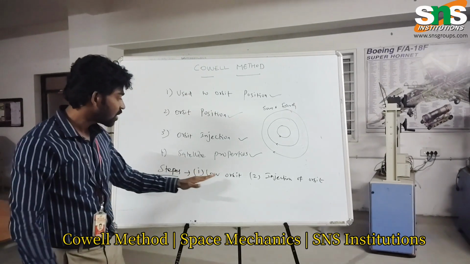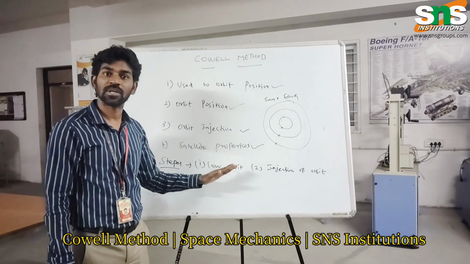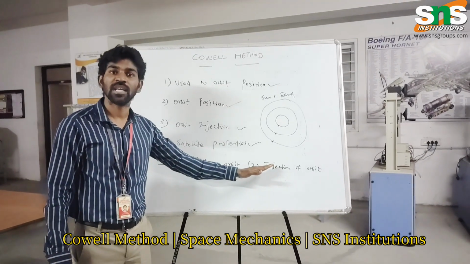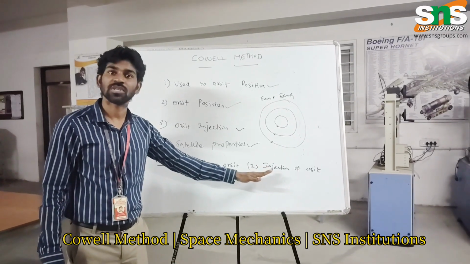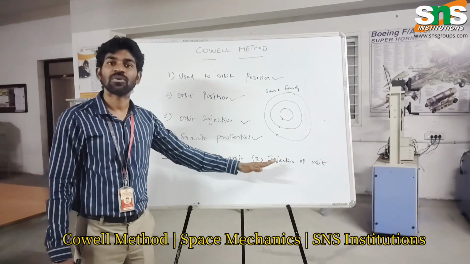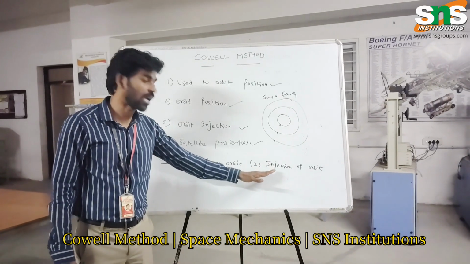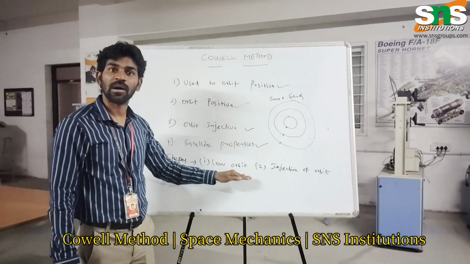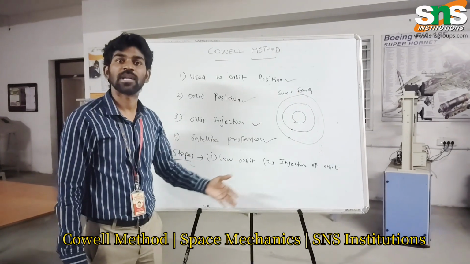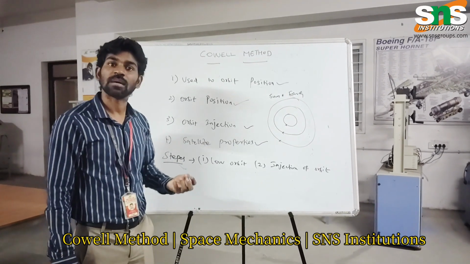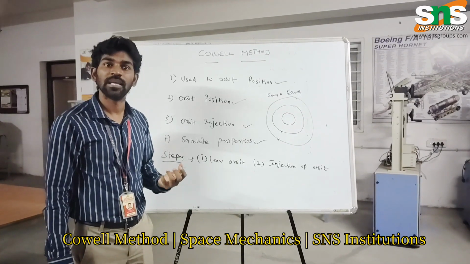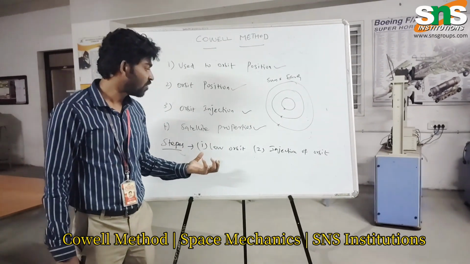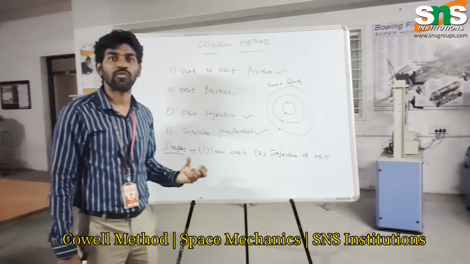So here the low orbit satellite position will be transferred to another type of injection or orbit with a particular area and particular end condition. So this lower orbit part produces some type of energy or some type of accumulation to the reversed area section. So this part will be encountered by this Cowell method.